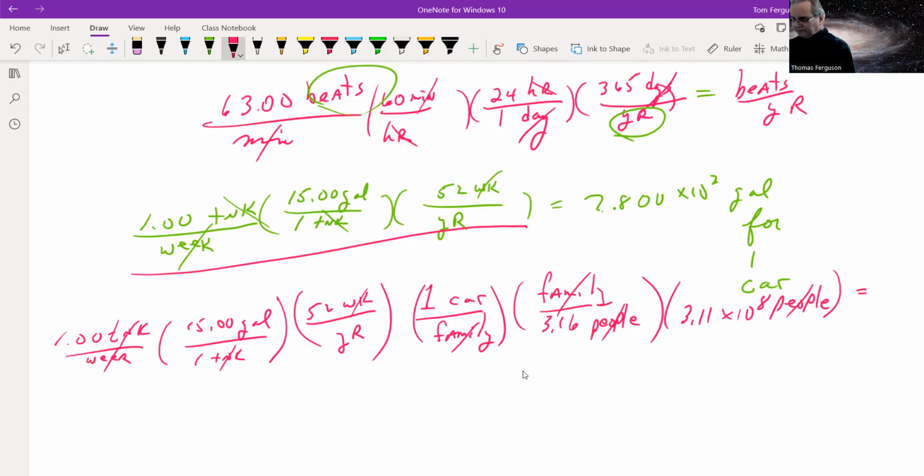Okay, so what do we have left over here? We have cars per year.